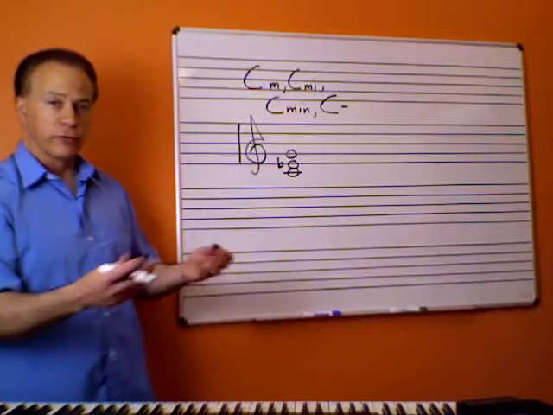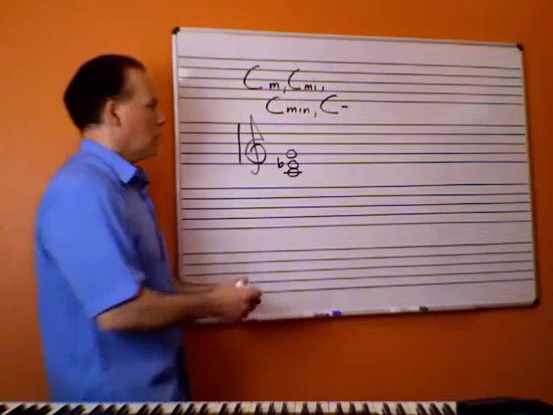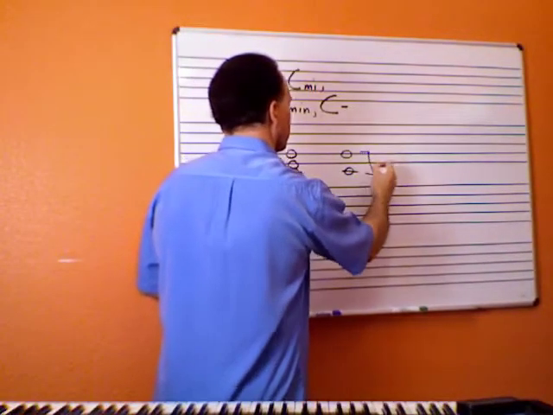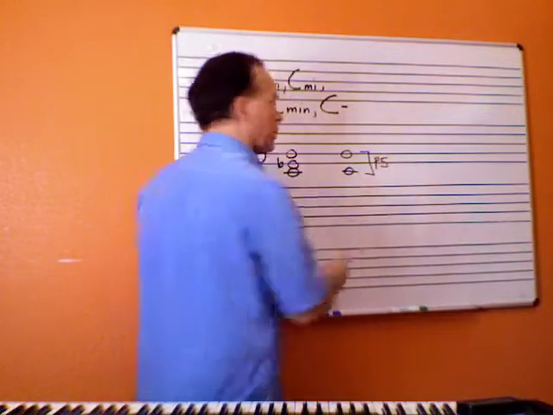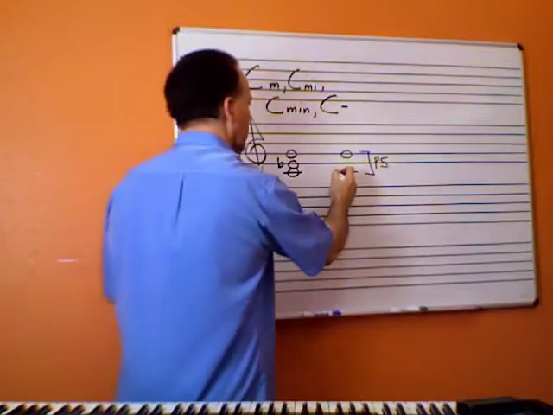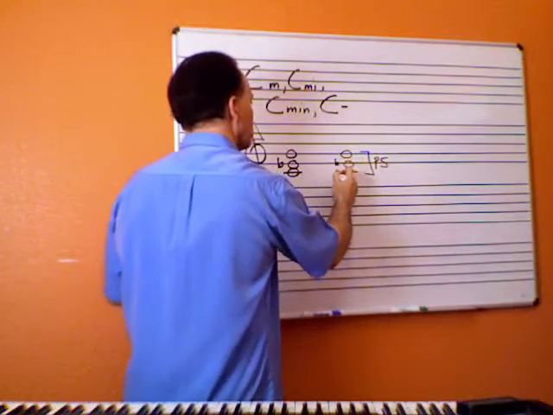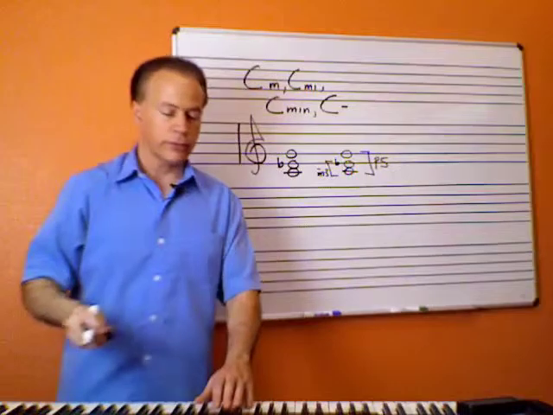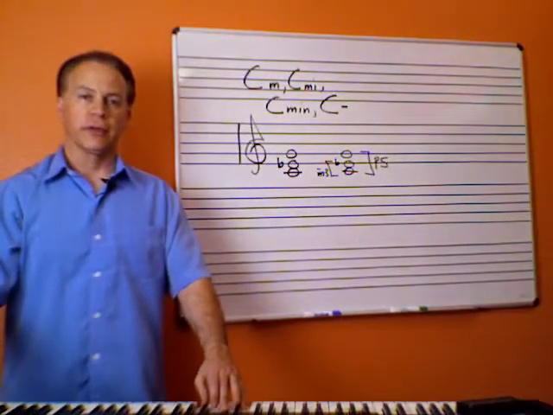Another way to think of it would be for its intervallic structure. The outside of a minor triad is also going to be a perfect fifth, just like we had for the major. And the interval in the middle is actually a minor third. So a minor third on the bottom and a perfect fifth on the outside.